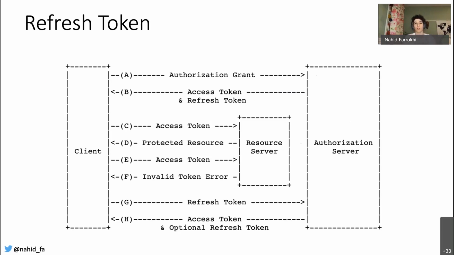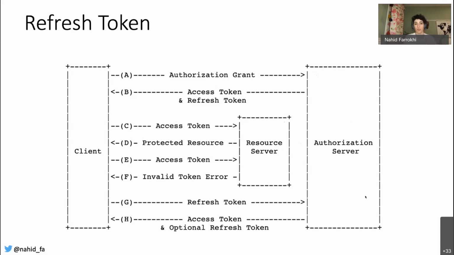For confidential clients, when you ask for a refresh token, we are actually requesting the secret, but not for public clients. So for public clients, the best practices say to use sender-constrained refresh tokens or do refresh token rotation.